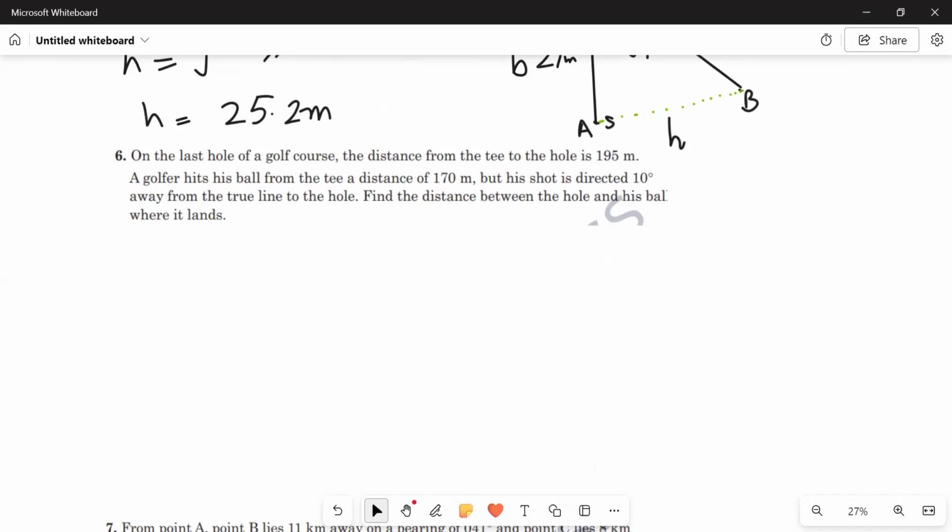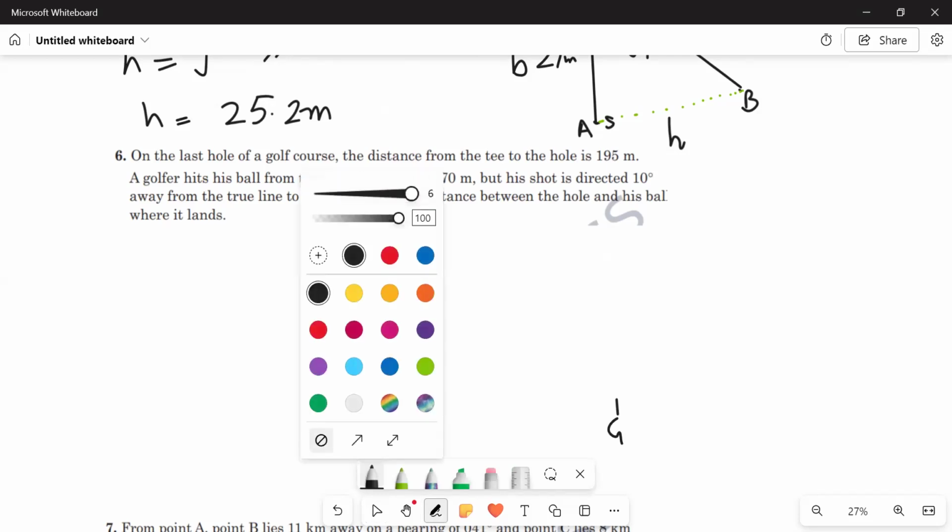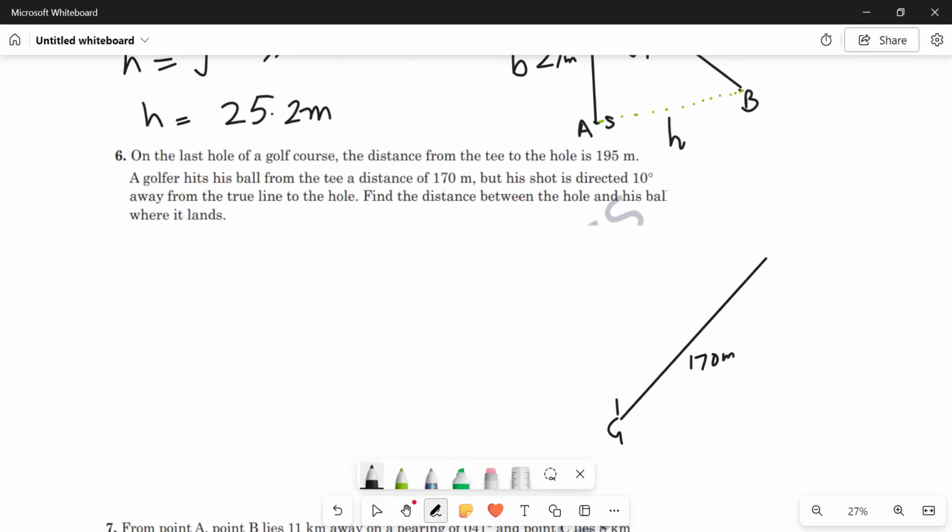Okay, now here bearing is not given. What can we do now? Now the golfer here hits the ball 170 meter, and its angle from the hole is 10.